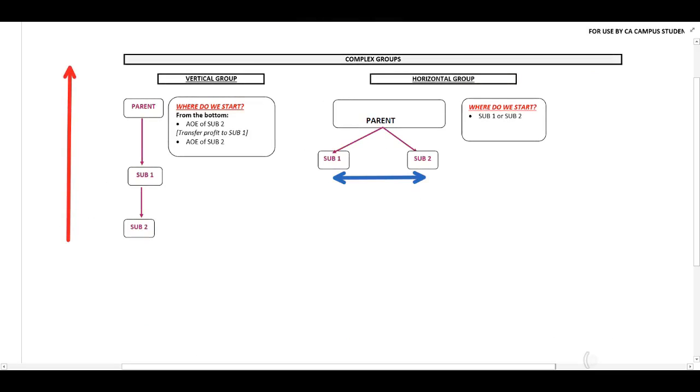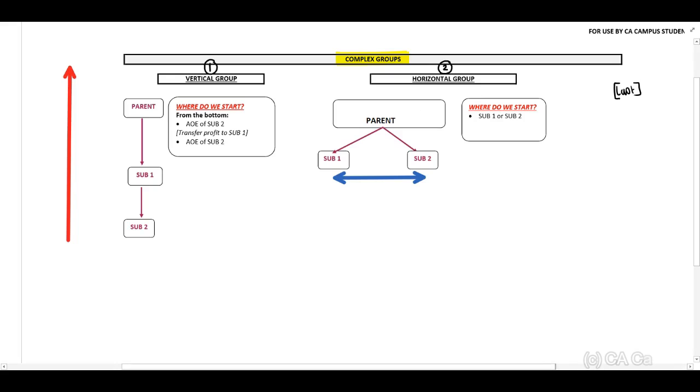Please refer to the last page in your lecture notes. This will include your complex groups. Now, on a third year level, you have to know 1 vertical groups and 2 horizontal groups. Now let's discuss the difference.